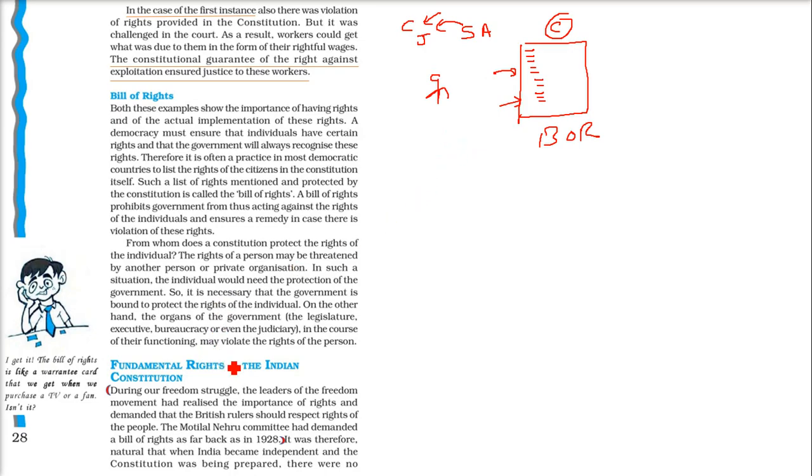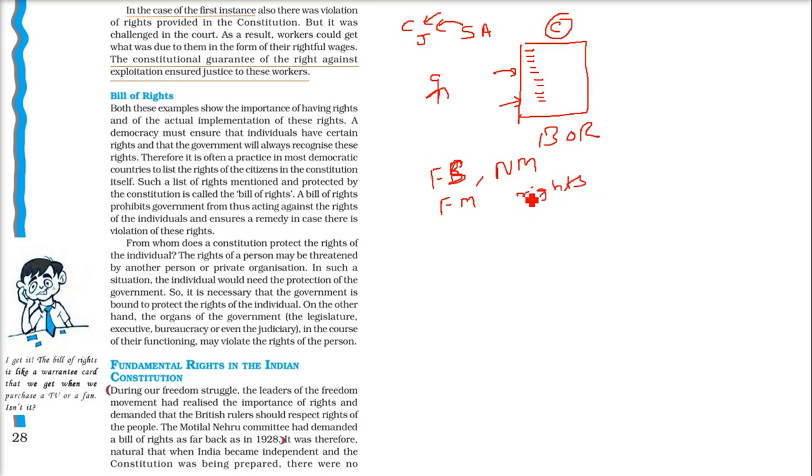Then coming to the fundamental rights in the Indian constitution, what happened when the freedom struggle was going on, that is the national movement we are talking about? The leaders of this freedom movement realized how important these rights are.